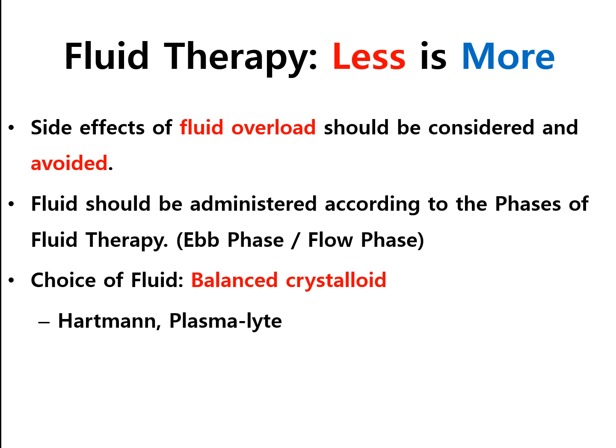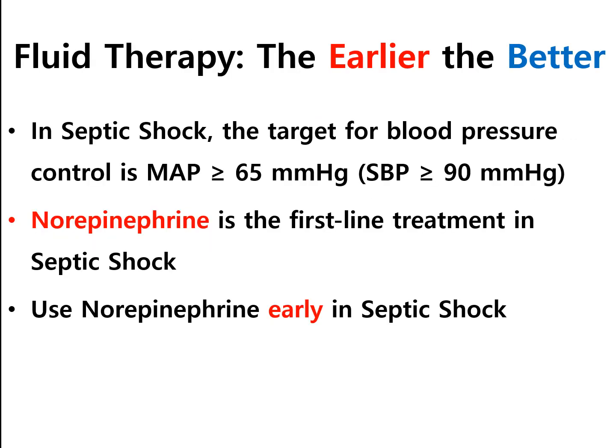Fluid should be administered according to the phase of fluid therapy, such as the resuscitation phase and the flow phase. In general, consider balanced crystalloid first, such as Hartmann solution and Plasma-Lyte. Another important principle in fluid therapy is the earlier the better.